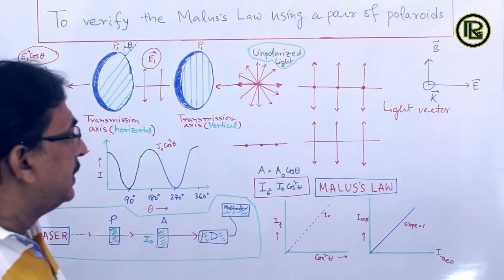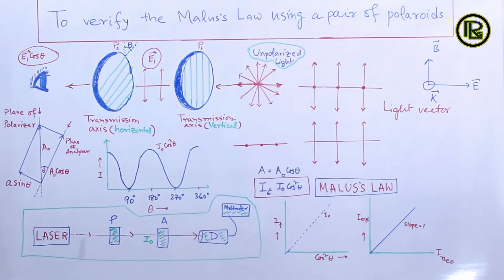And now I come to the experimental arrangement. So this is the schematic diagram of the experimental arrangement. I have a laser, then I have a polarizer, an analyzer, and to measure the light I have a detector, and then a meter here.